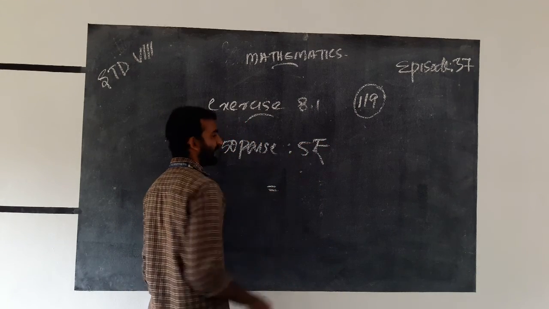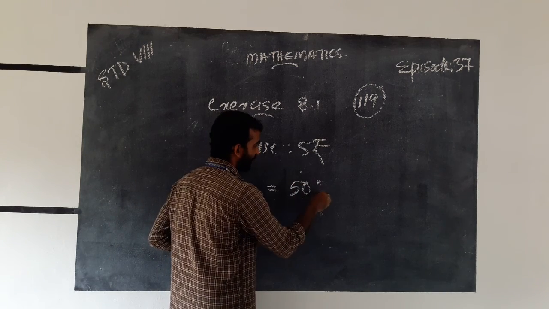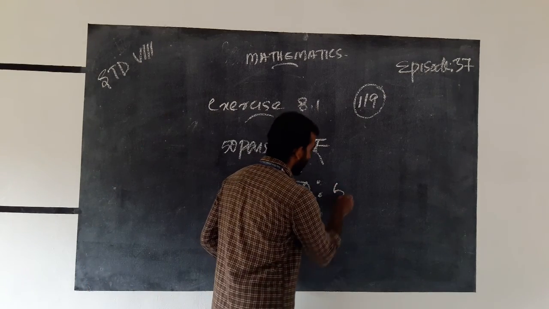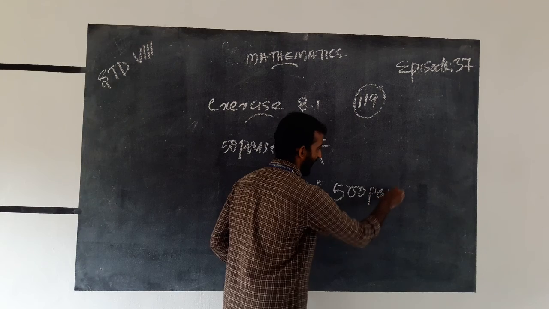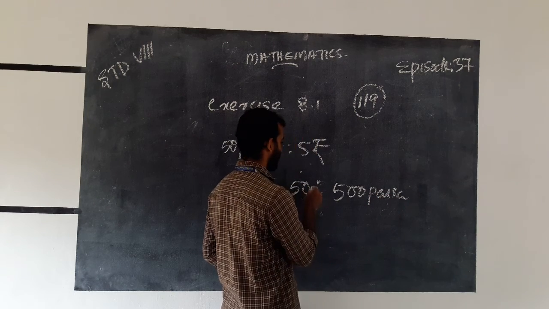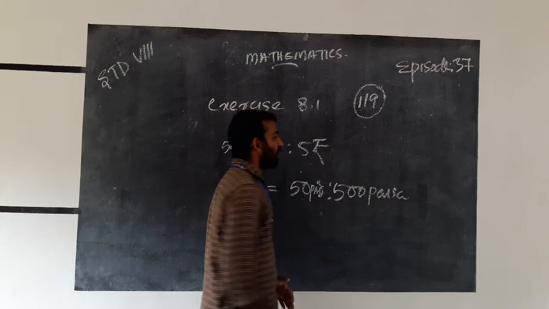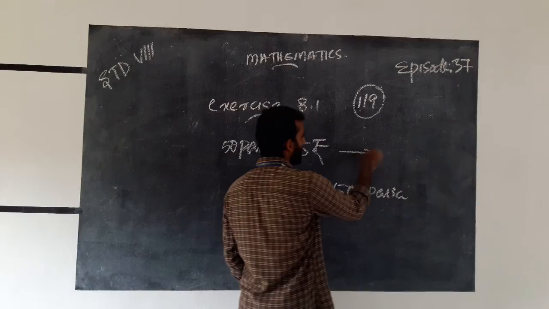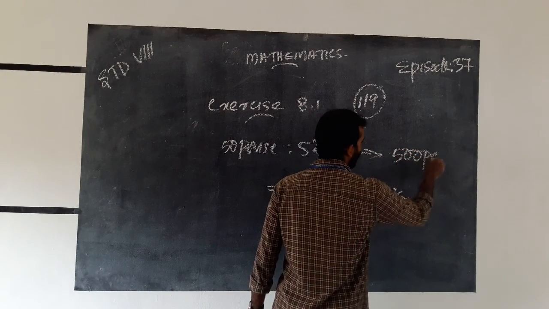That equals 50 is to, 5 rupees means 500 paisa. Is it? 50 paisa is to 500 paisa. We can say that 5 rupees means 500 paisa.